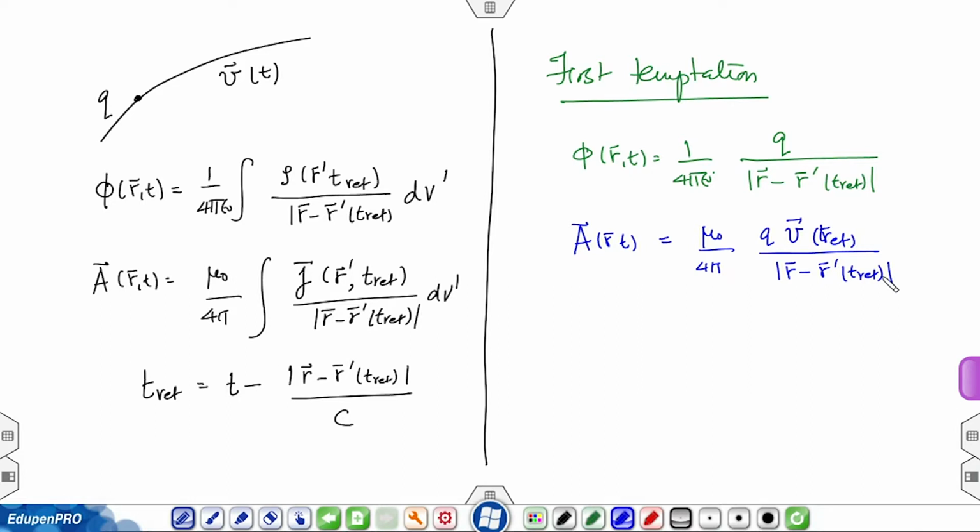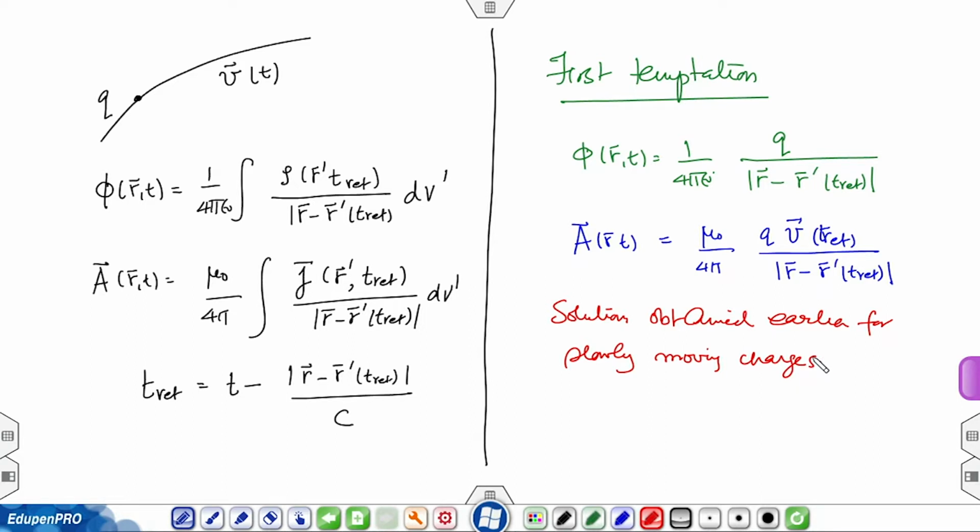This is a solution we had obtained earlier for slowly moving charges. So, this is something we would say could be the solution, but this is not. There is a correction factor. So, let me write that first and then we will talk about it.